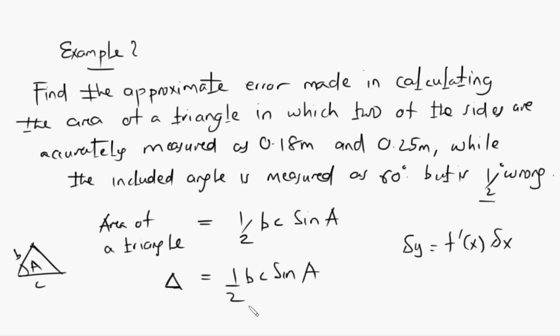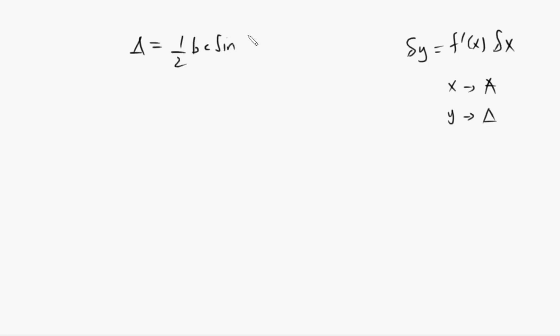First we differentiate this with respect to A. My x is now A and my y is the area. I know my y is f(x), which is 1/2 BC sine A, and I want to find f dash x.